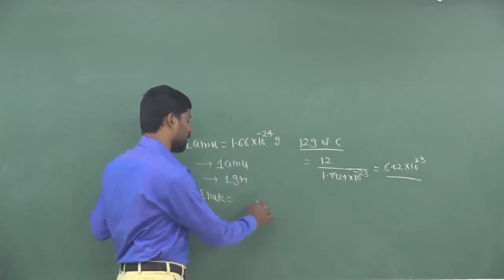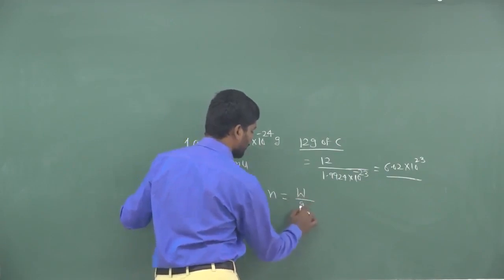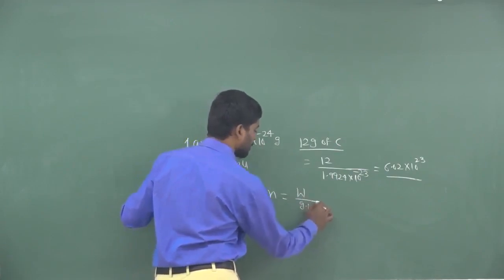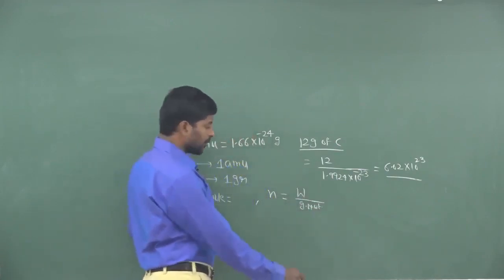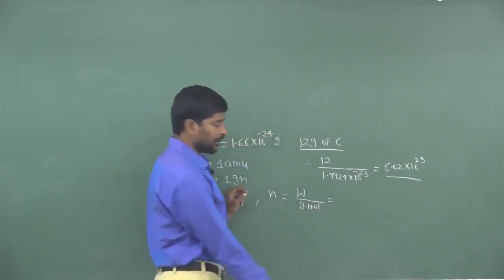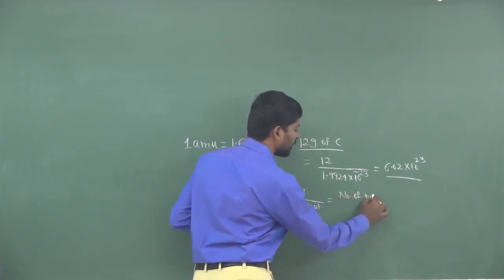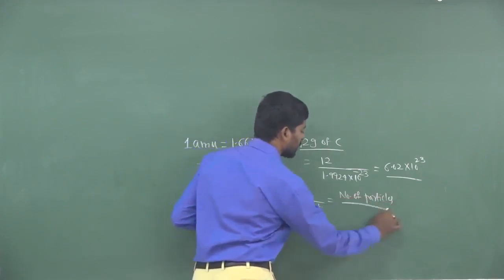How to calculate number of moles? Weight by gram molecular weight, or gram atomic weight, or molar mass. Next, if the number of particles is given, number of particles by Avogadro number.